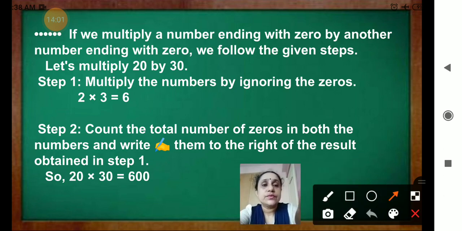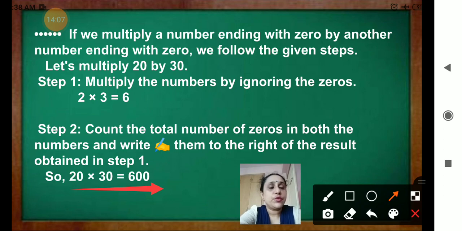See, in this 600, we have put 2 zeros, because 2 threes are 6 we are getting, and then count how many zeros are there? 2 zeros. So after 6, 2 zeros have to be written. Okay.